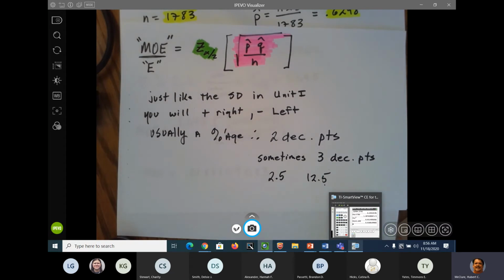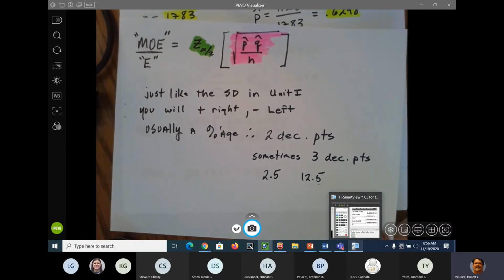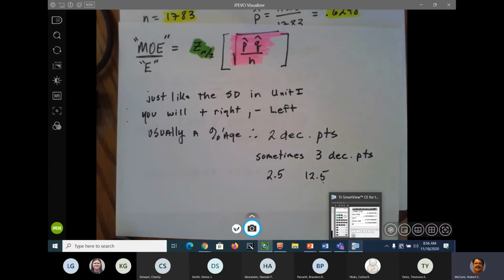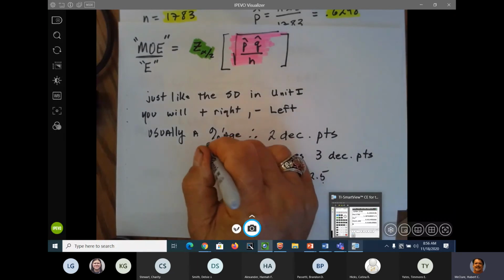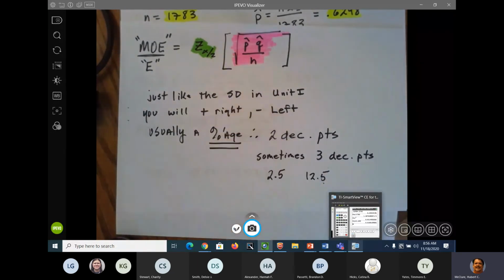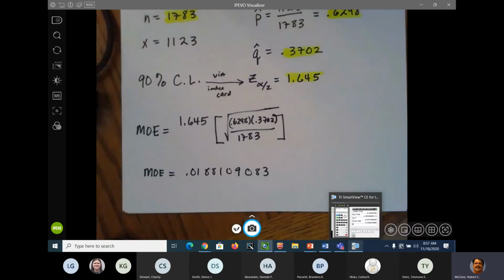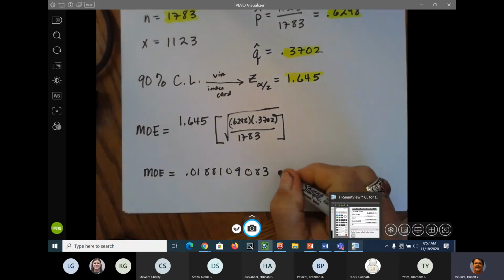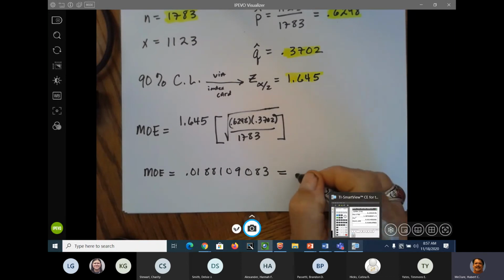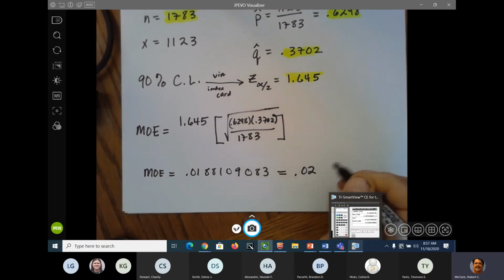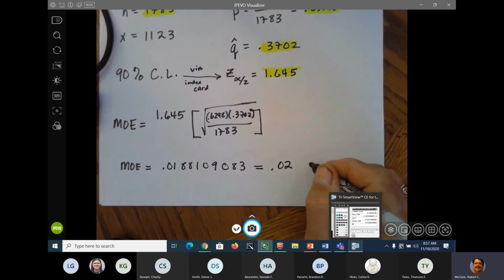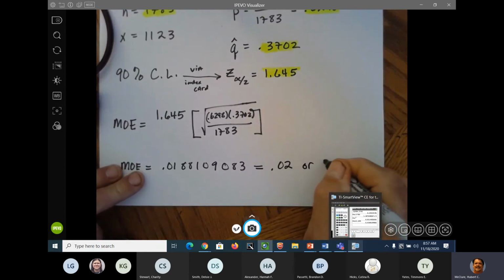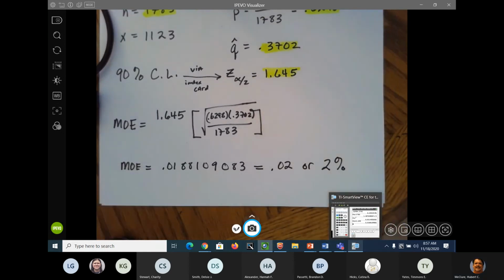So it depends on the directions, but usually it's going to be 2 or 3 decimal points because the margin of error is usually a percentage. So with that being said, I'm going to just round this to 2 decimal places, and that would be 0.02 or 2%. So you have a 2% margin of error.